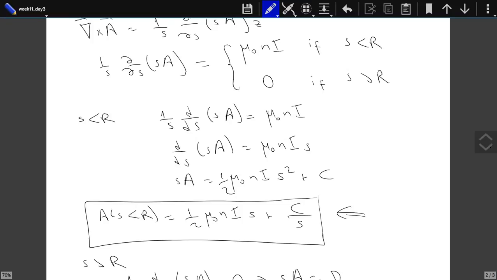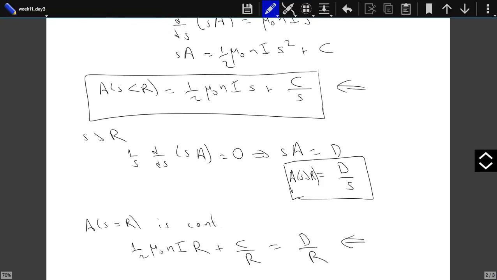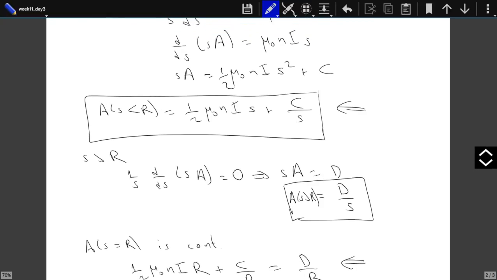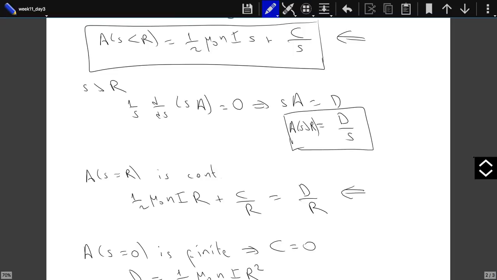So from the finiteness of the vector potential, I conclude that this coefficient is 0. Then I know the continuity of the vector potential. The vector potential should be continuous. The continuity just tells me that if I approach the surface of my cylinder from inside, the vector potential is this one with C equal to 0. Or if I approach the surface from the outside, it is this one, just I put S goes to R from outside.